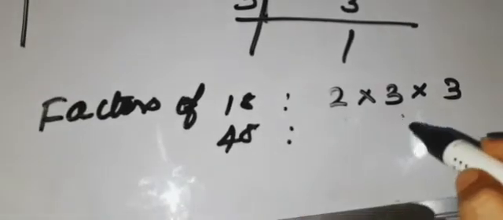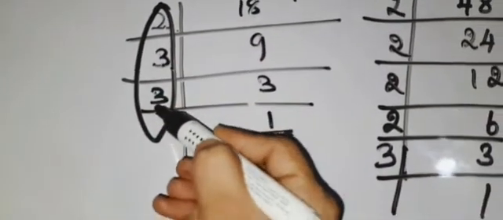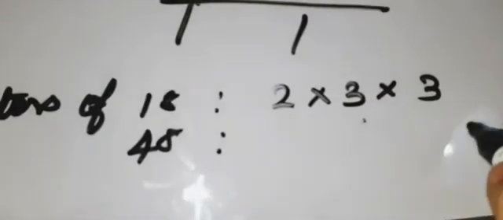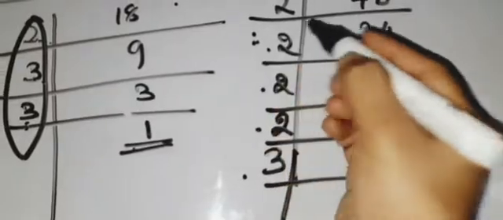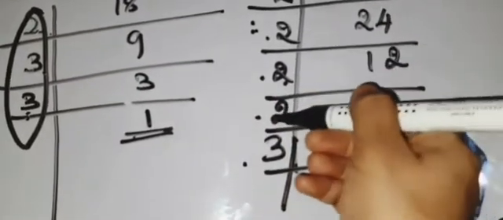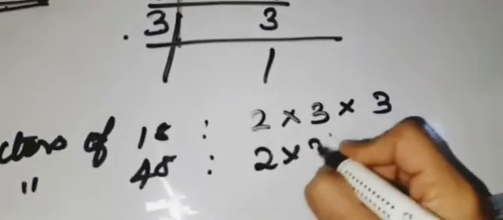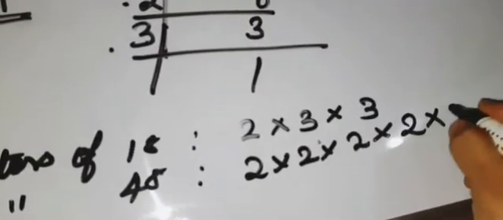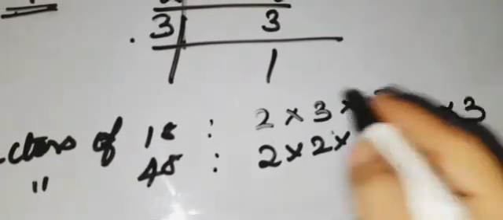So the prime factors of 18 are 2 into 3 into 3. That is what we have written here. Then the factors of 48 are 2 into 2 into 2 into 2 into 3. So these are the factors of 48.